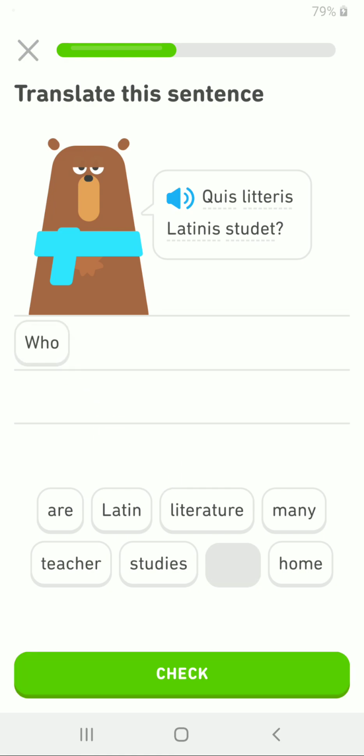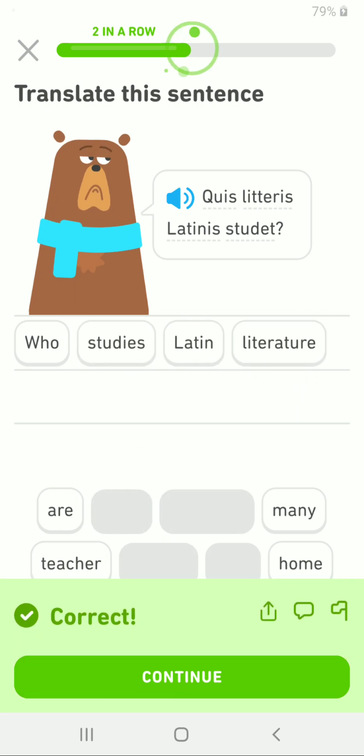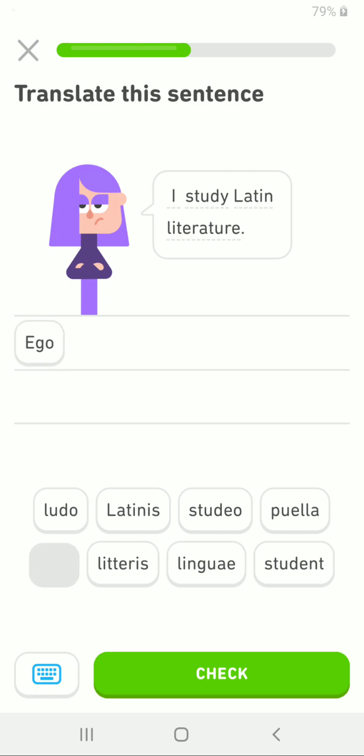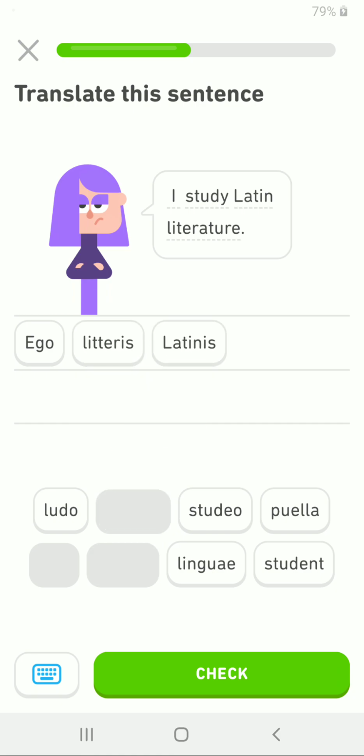So who studies Latin literature? This is the question. But I don't understand what's the difference between the two. I study Latin literature. Ego. Latin literature would be litteris latinis. Studeo.